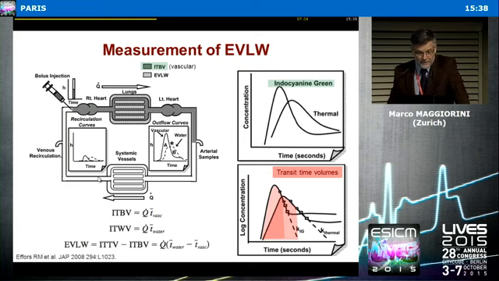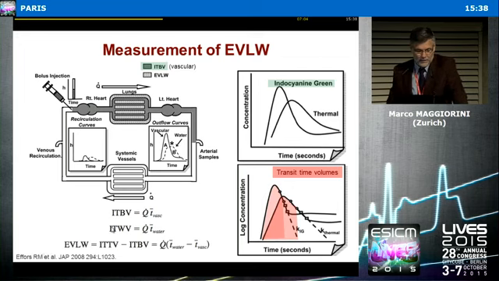So the intrathoracic blood volume is the product of the cardiac output times the transit time of the indocyanine green curve.